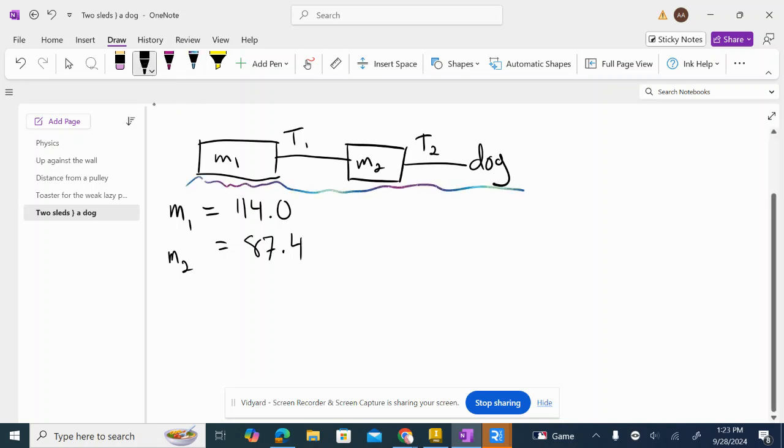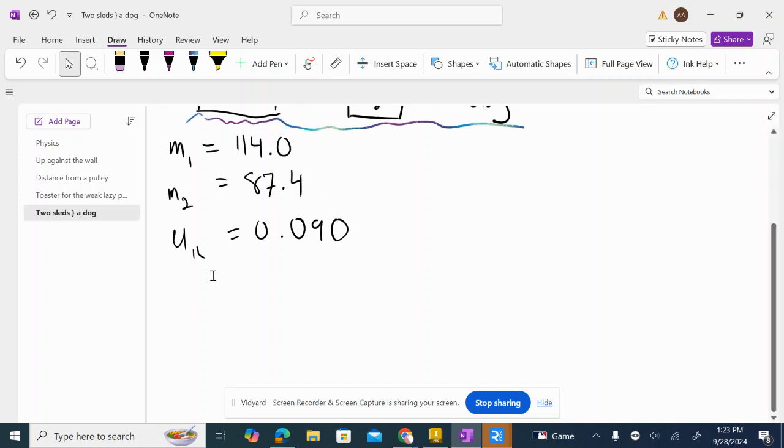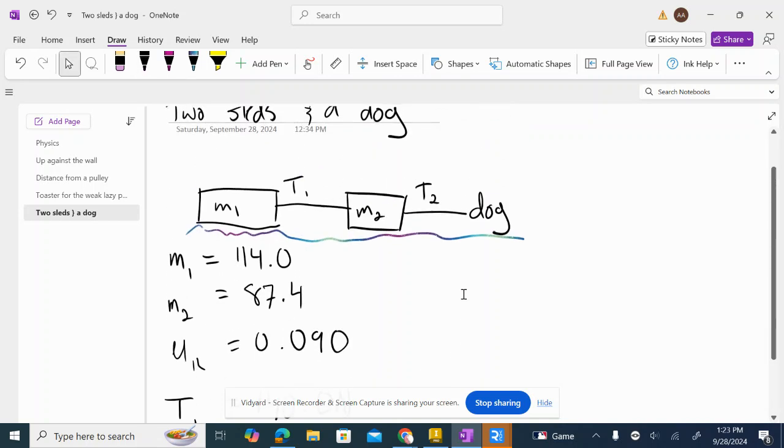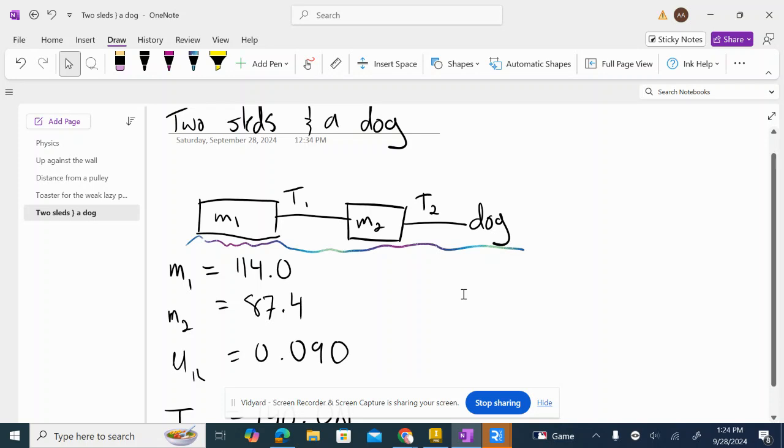The friction with the snow, mu k, is going to equal 0.090. And then we have T1, which is going to equal 140 newtons.